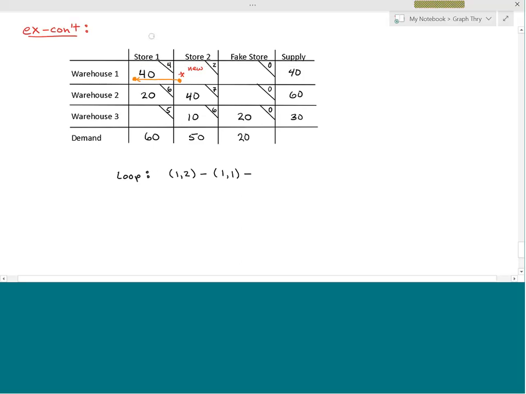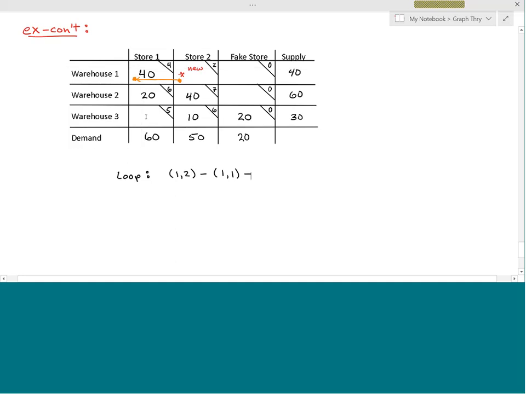Now, if we go back up to the loop, notice we have 2 cells in the first row. That means we should not have any other cells in this loop on the first row, so we now need to look at columns. We still have an issue in column 2 because we don't know if we want to choose 2, 2 or 3, 2. But going from cell 1, 1, who should we go to next in the first column? Remember, you're only allowed to pick cells that currently have numbers in them.